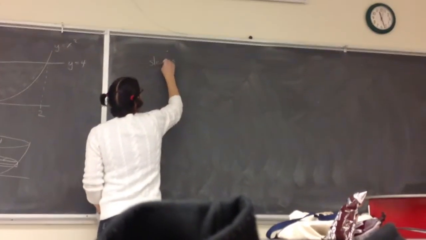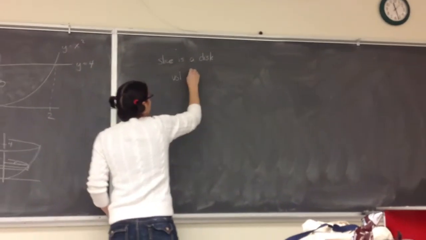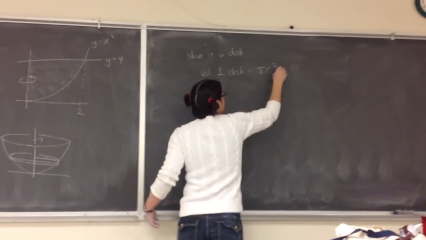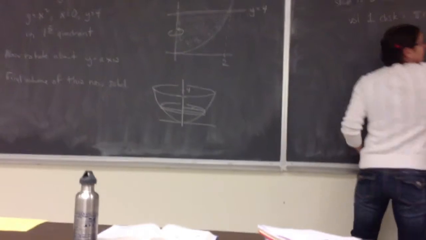The volume of one disc is pi r squared times the thickness of that disc.